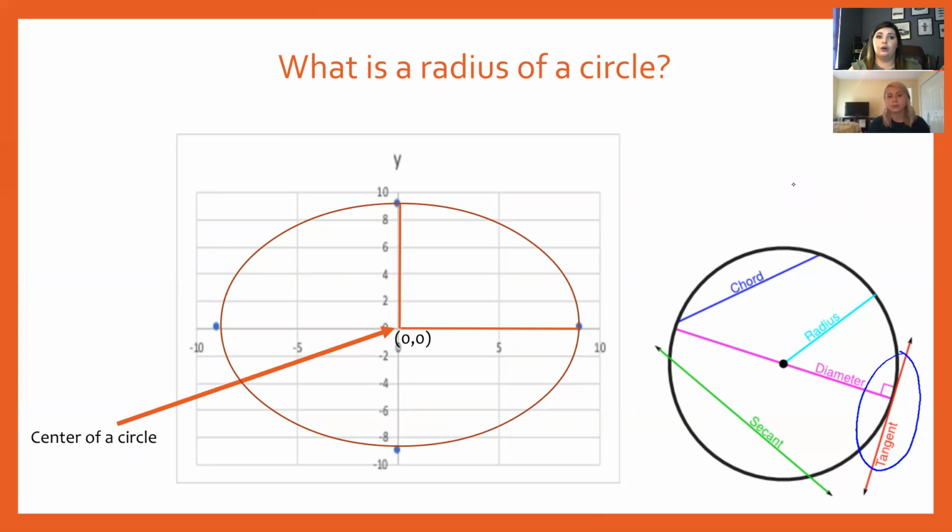So if we were to draw our line down here, if it was straight, then we would see that the next point is that 9.5, and same for over here. So our radius, sometimes referred to as the ray, is 9.5 throughout the entire circle.